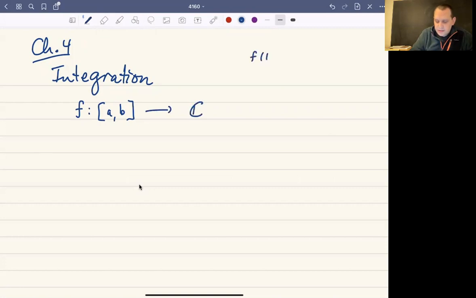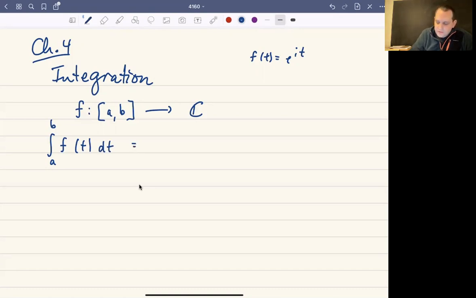So you could think of something like e to the it, or whatever. And so you have a function whose inputs are real numbers, the outputs are complex numbers. And in that case, you can define the integral, and this would be the integral of just f of t, where t goes from a to b. This is going to be the integral of the real part of f plus the imaginary part of f.